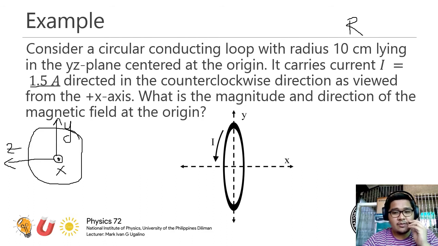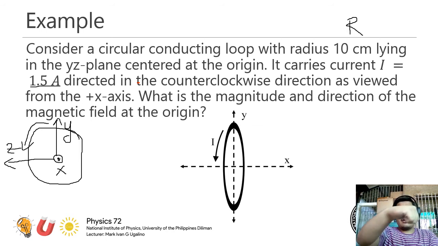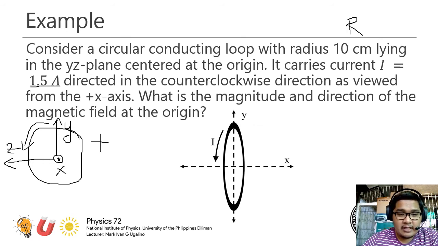We are asked what is the magnitude of the magnetic field at the origin. We can easily see the direction of the magnetic field for this case. We just have to use your right hand rule. Your current is flowing in this direction, so it is like this. Therefore, the direction of the magnetic field is actually in the positive x hat direction.